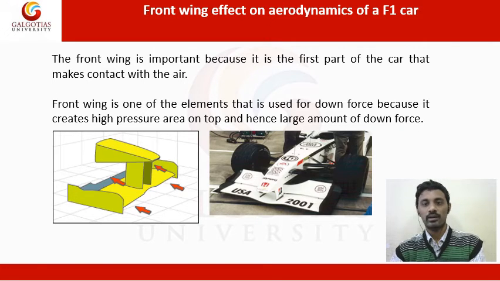It is one of the elements used for downforce because it is going to create a very high pressure area on top of the surface, and once the pressure area is large, automatically your downforce is going to be very large, as you can see in the images presented just below the words.